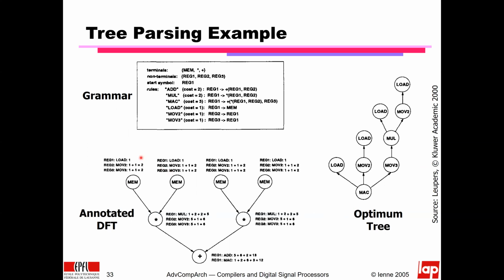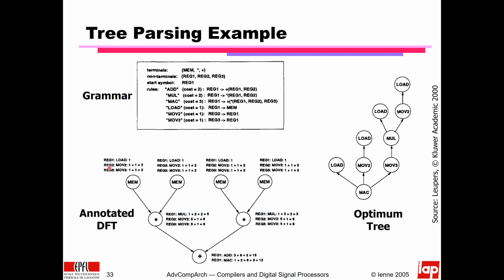But essentially what you do is that you traverse the tree from the leaves to the root, and you keep annotating the nodes with all the possibilities that you have available for doing the operations up to that point.